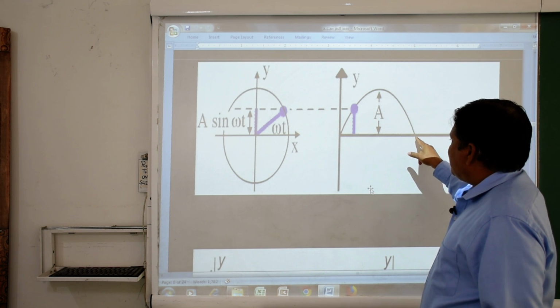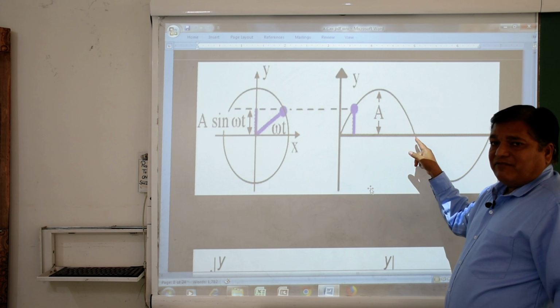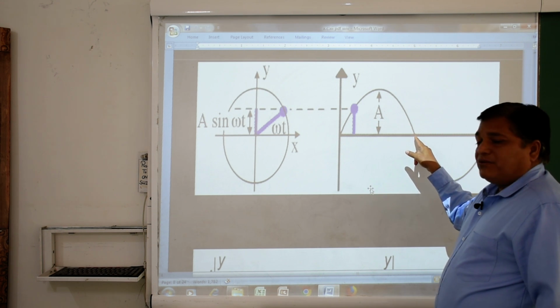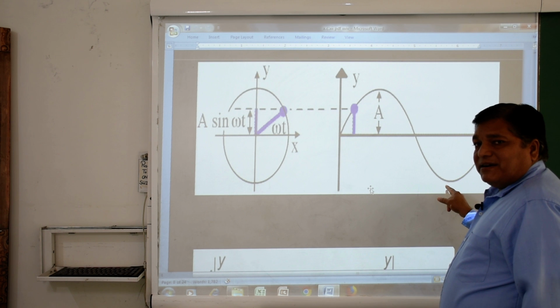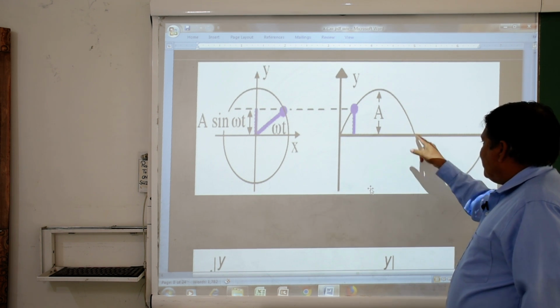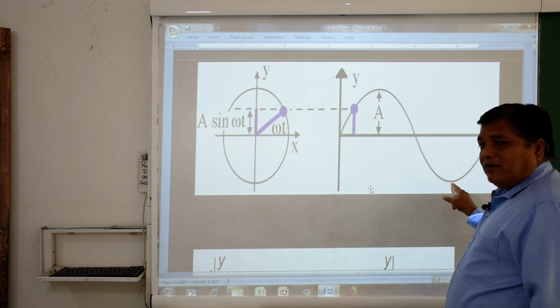When it reaches here, time will become T by 2, the phase will become pi, 180 degree, and the magnitude will become 0. Again here, at 270 degree, time will become 3T by 4, and here its value will become minus E naught in the opposite direction.